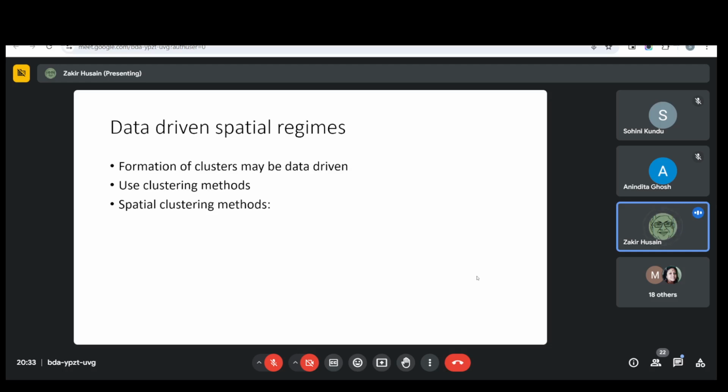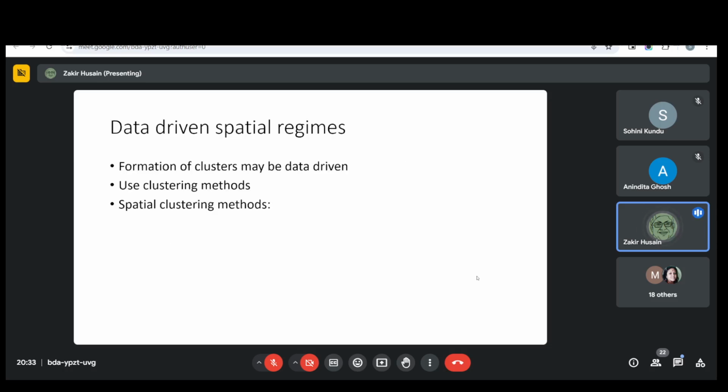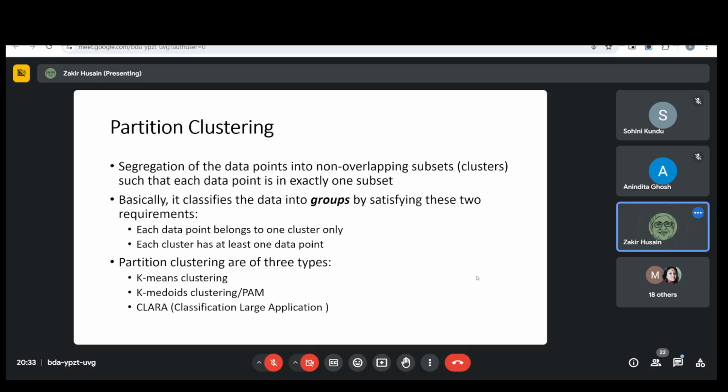Now, if you're adopting the first approach, where you're delineating regimes based on some exogenous classification, this is ad hoc or arbitrary. But you can also form regimes by analyzing the data. So the formation of clusters may be data driven, where we use clustering methods.